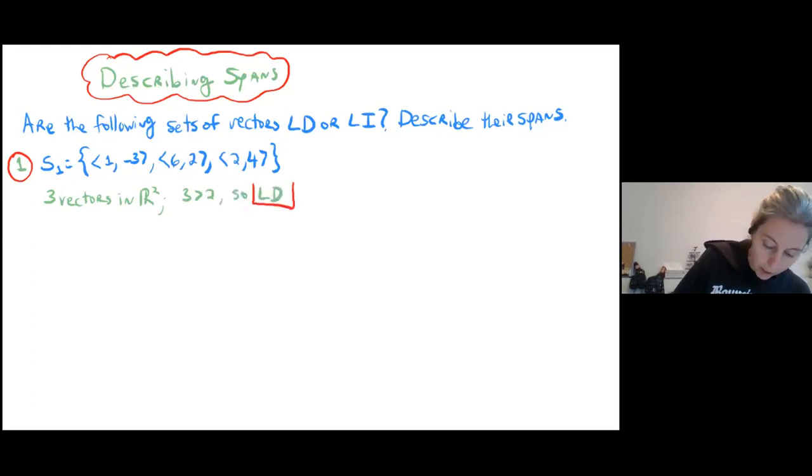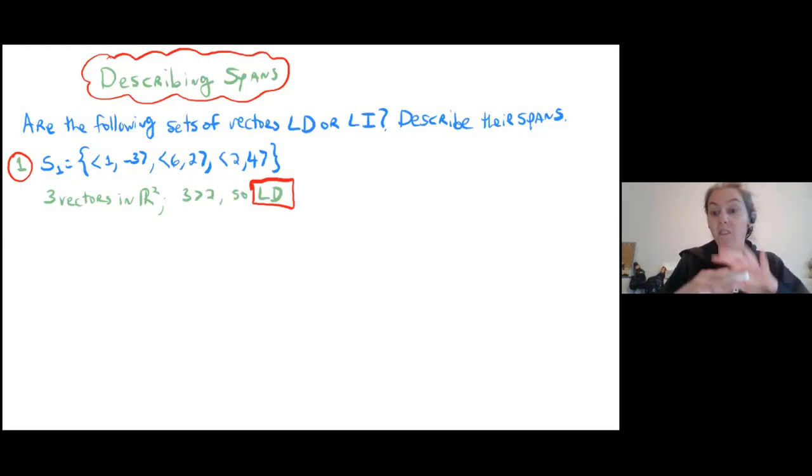Now remember, when we have three vectors, linearly dependent means that at least one of these is not representing a new unique direction. We know that it only takes two vectors to span all of R2. That means that with those first two vectors, I can cover the whole space R2. So (2, 4) is clearly a place I'm going to be able to get to.